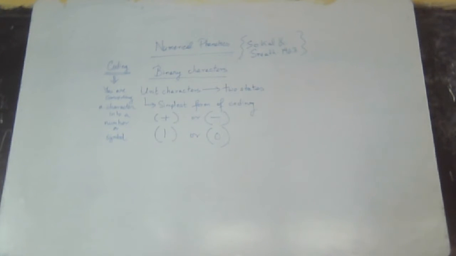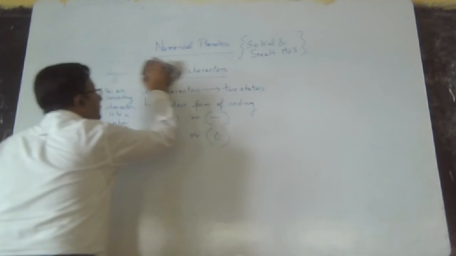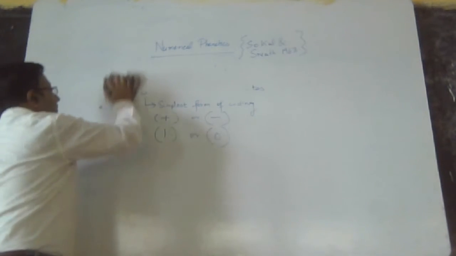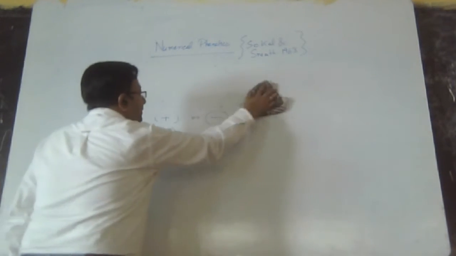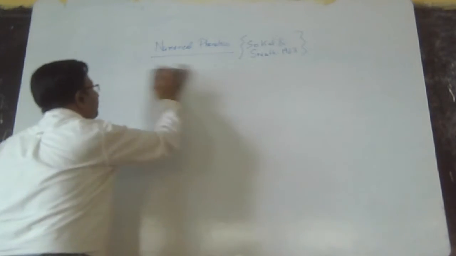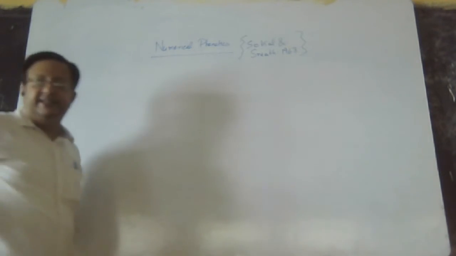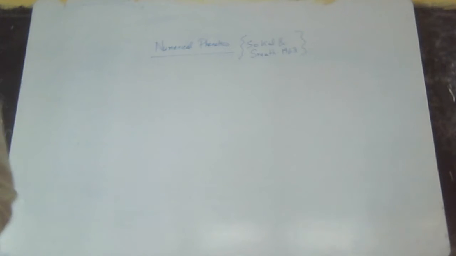Okay. Next comes numerical phonetics. First, you have binary characters, very easy. Plus, minus, you can say, and things are done. But life is not so easy. You will always have something which is more complex.